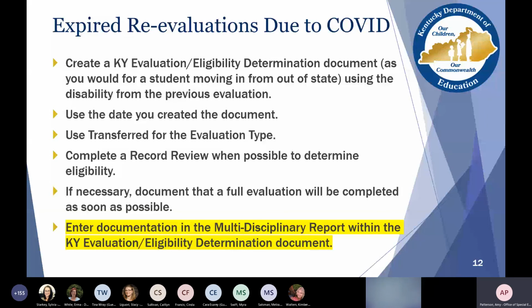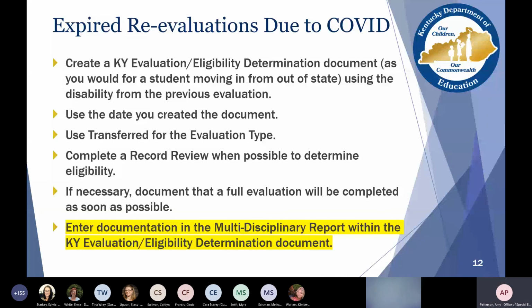So you're just going to create a shell or a skeleton evaluation. Use the date you created the document, because you want to make sure it's good before December 1. You're going to use transferred as the evaluation type, and you want to do that for any temporary or skeleton documents.